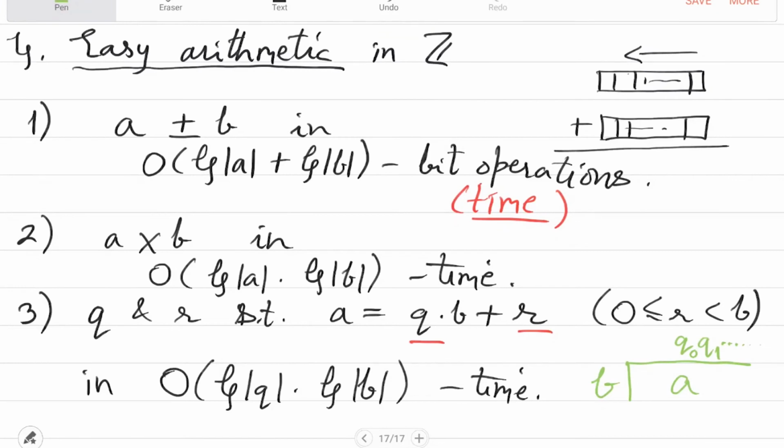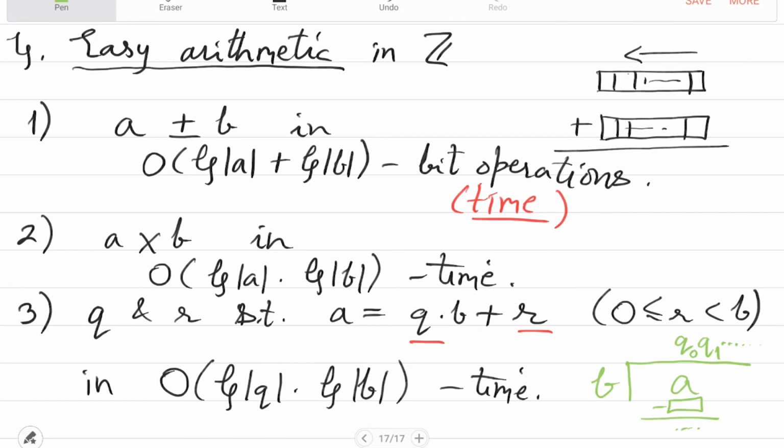You will first find that, and you will multiply it with B, and then you will subtract from A, right? Or am I making a mistake? Asymptotically, you assume A is greater than B, and then log A is just log B plus log Q.